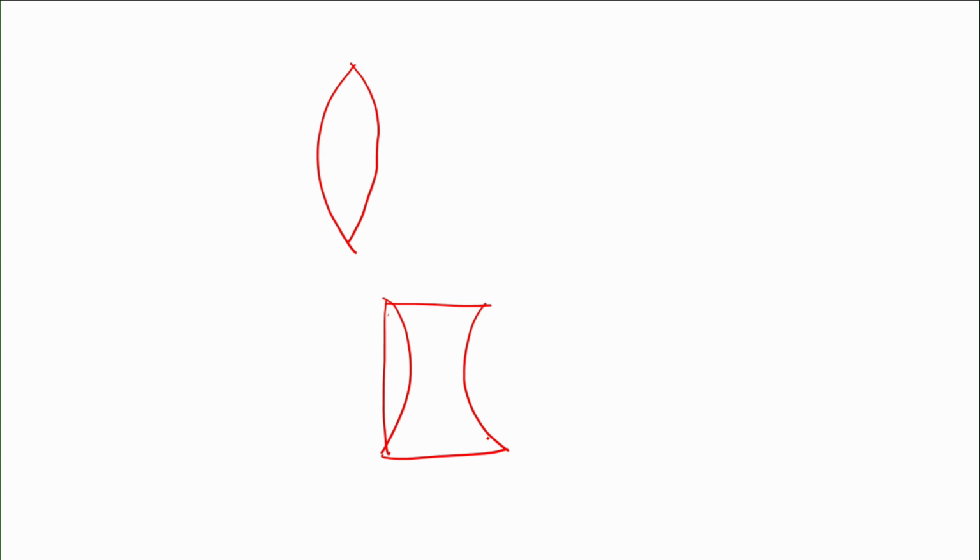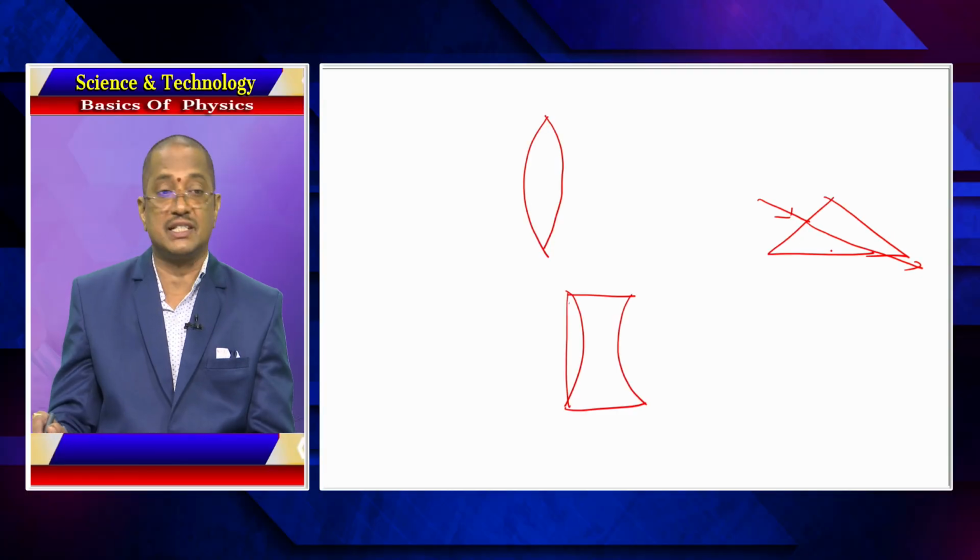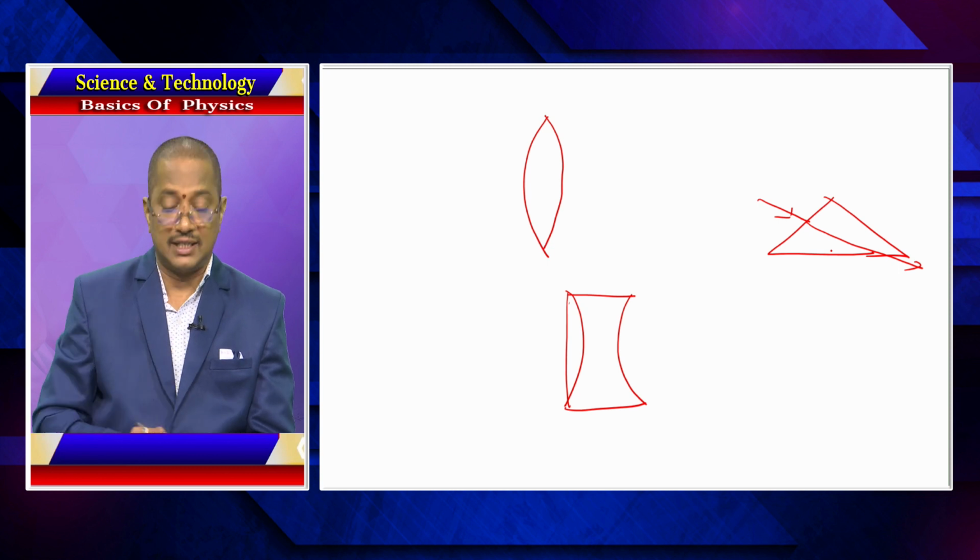The important thing is that when a light ray is incident on a prism, it bends towards its base. So this is a very important thing here.